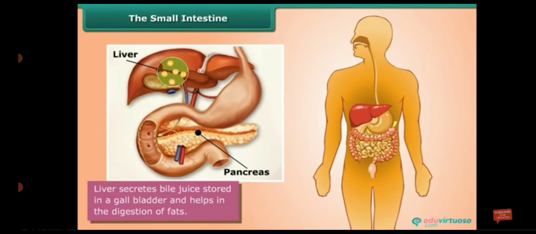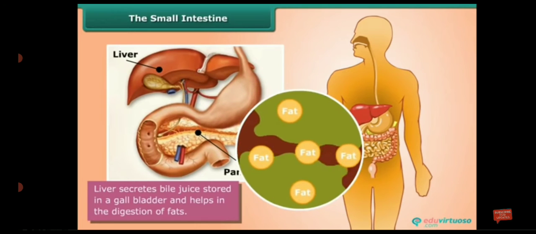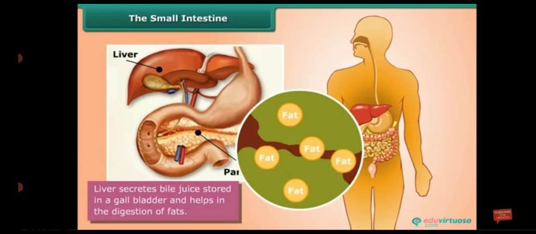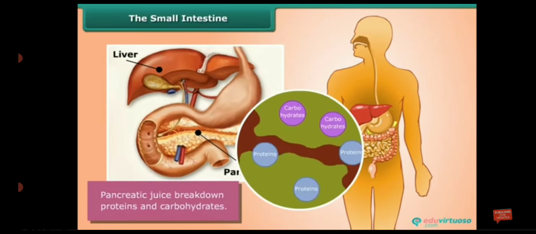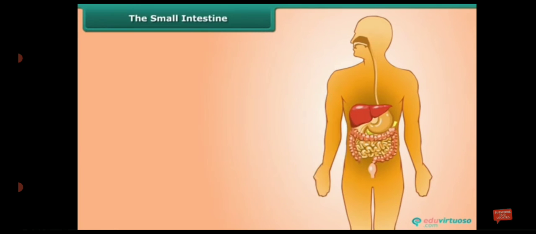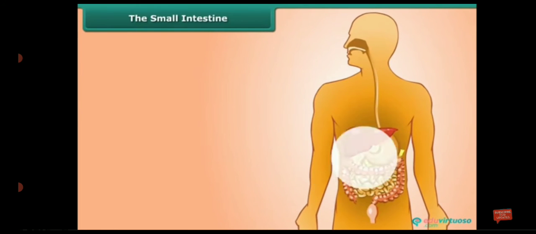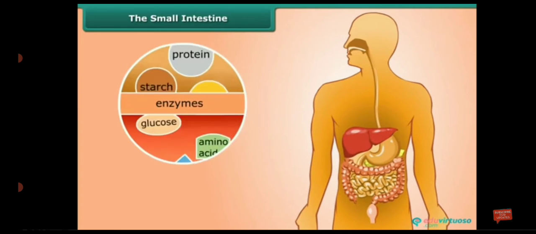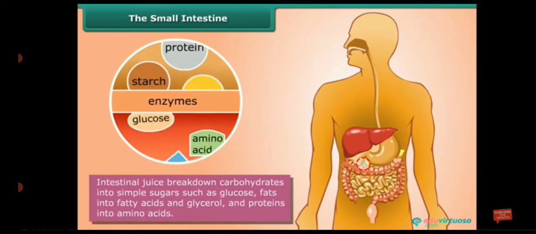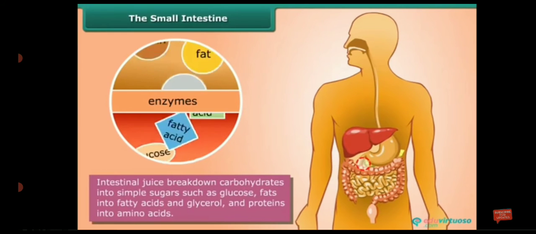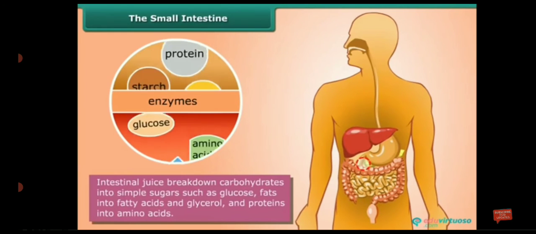The liver secretes bile juice, stored in the gallbladder, which helps in the digestion of fats, whereas pancreatic juice breaks down proteins and carbohydrates.